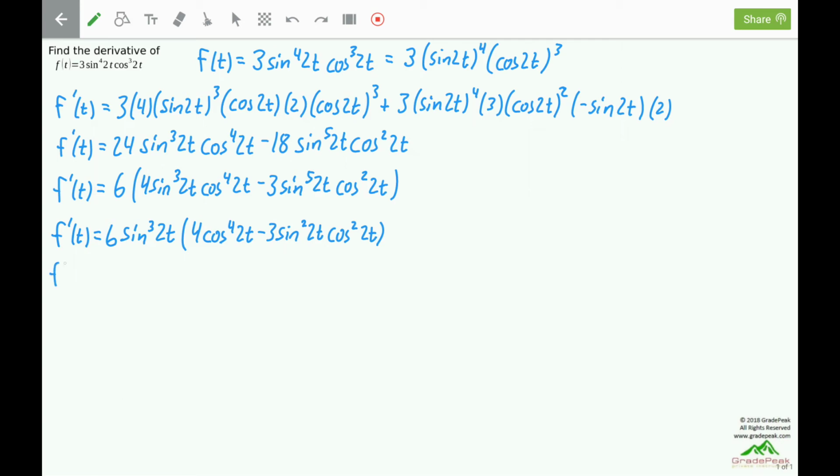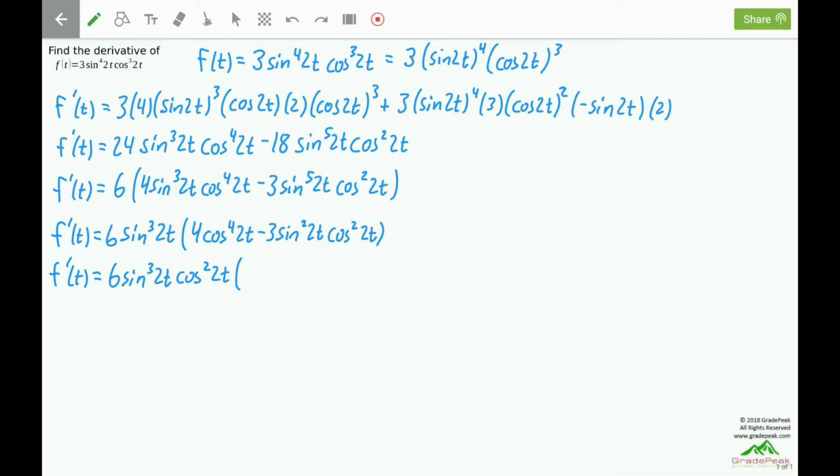Now I'm going to factor out powers of cosine as well. So I have 6 sine cubed of 2t. And then looking at the powers of cosine, I have 4 powers in this term and I have 2 powers in this term. It looks like we can take out 2 powers, the lower of the two numbers. So cosine squared 2t.